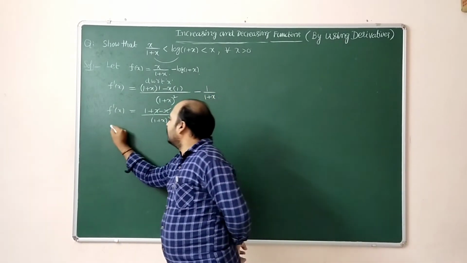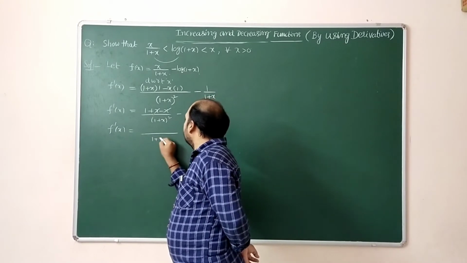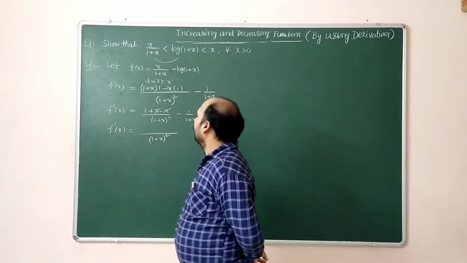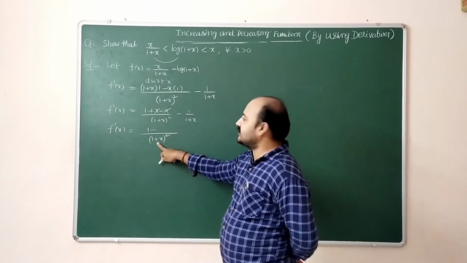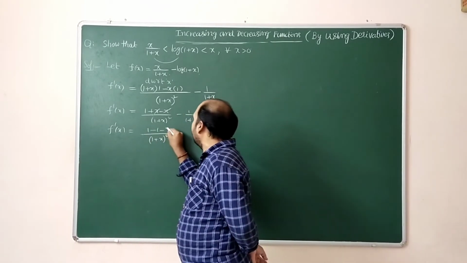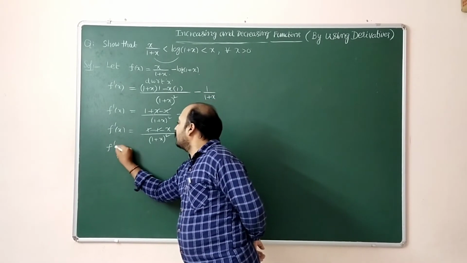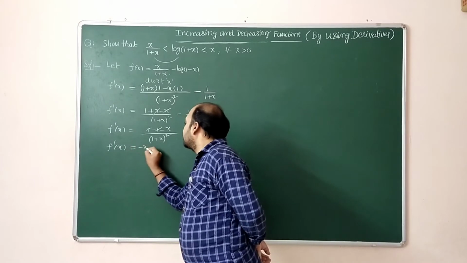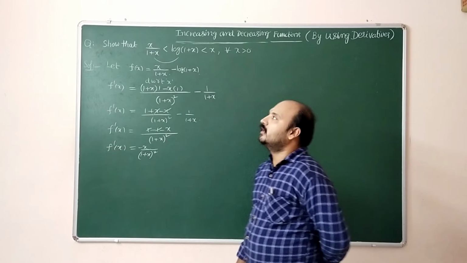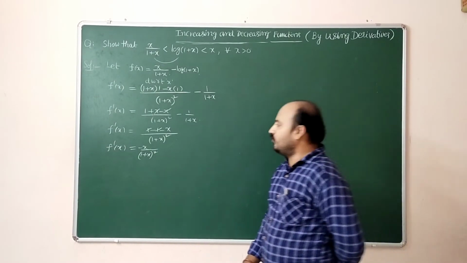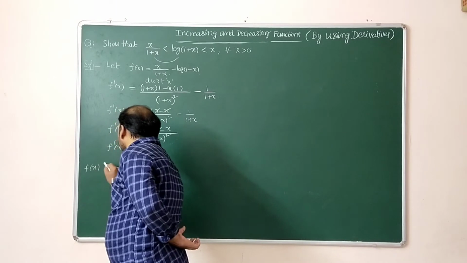So taking LCM, 1 plus x whole square is the LCM. So 1 minus 1 plus x cancel means one more 1 plus x is there. 1 plus x into minus 1 is minus 1 minus x. These two will be cancelled, which is equal to f dash of x is equal to minus x by 1 plus x whole square. Here x is greater than 0. What I am doing is, f of x is increasing.